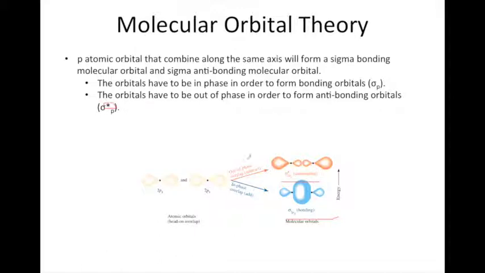If they meet head-on in phase, there is an increase in electron density between the two nuclei along that x-axis. You can see that diagram here. If they meet out of phase, there would be a node, a region where there is no electron density, in between the two nuclei. And again, that tends to destabilize the molecule when the electrons are there. Most of the electron density would be on either side of the nuclei.